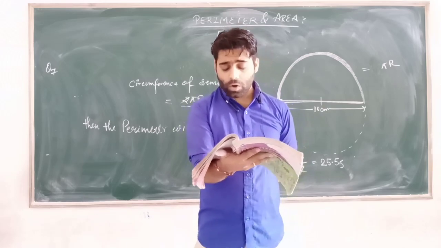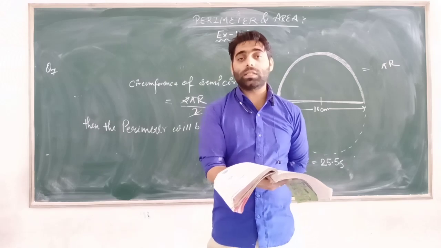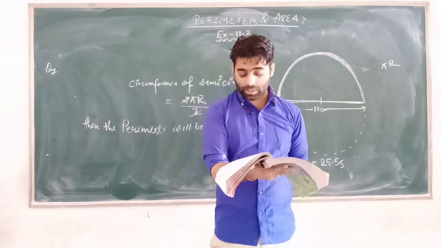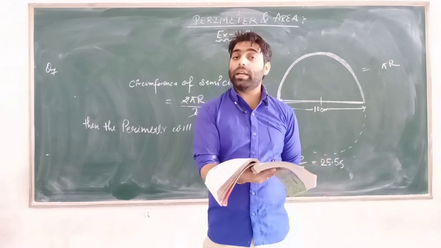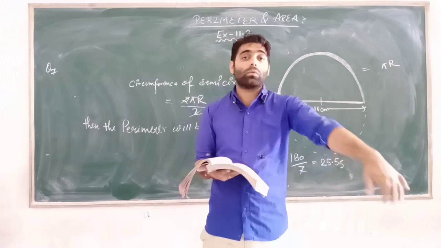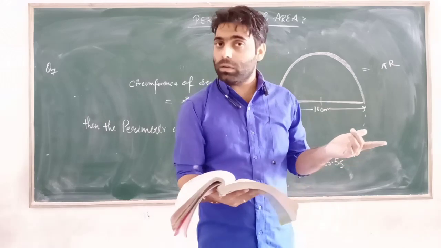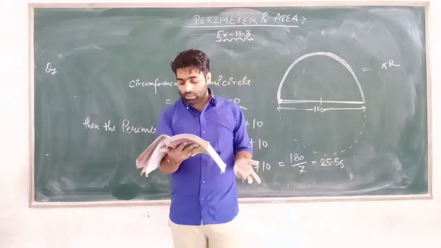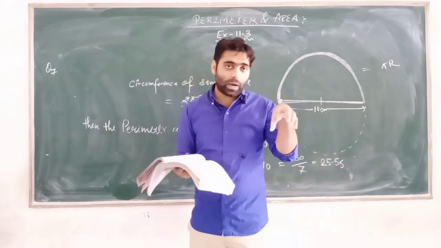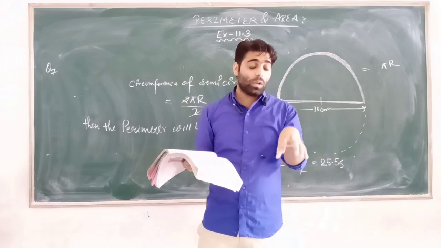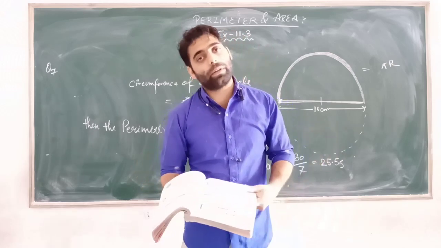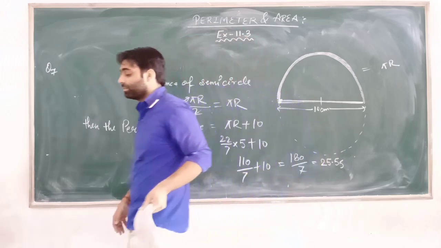For 1 meter square, students, it is taking 15 rupees. Means firstly we have to calculate the area of the table top, and then multiply it with 15 and you will get your answer. Simple. We will get the answer. Let's start.